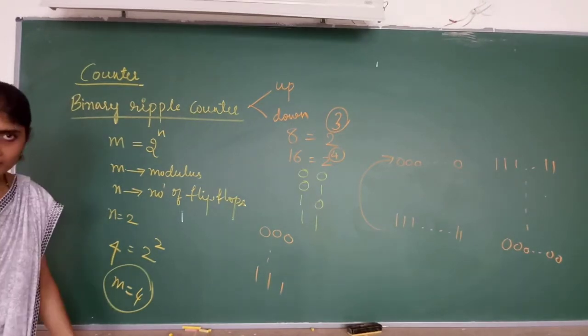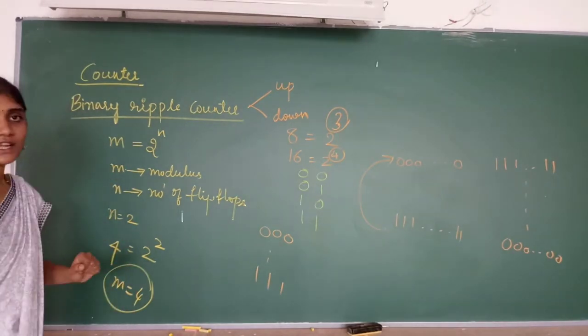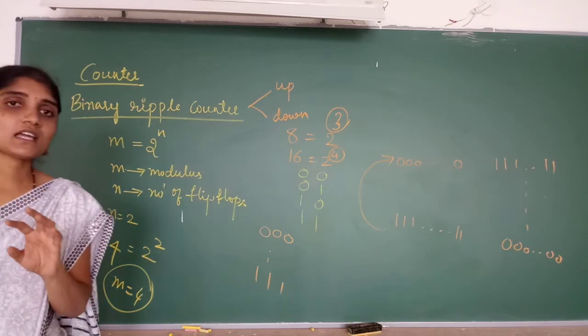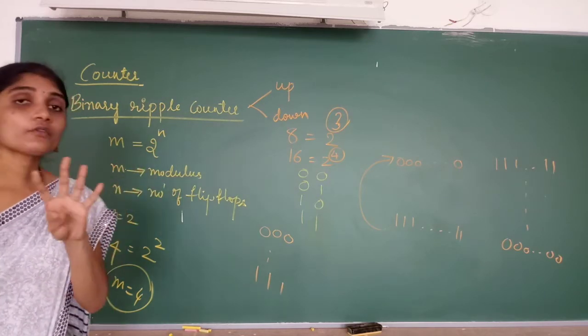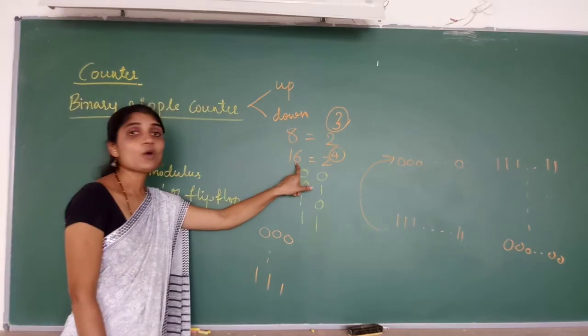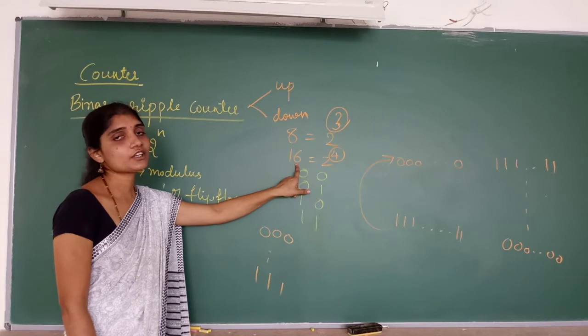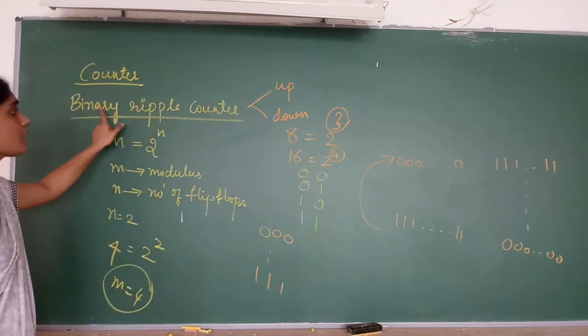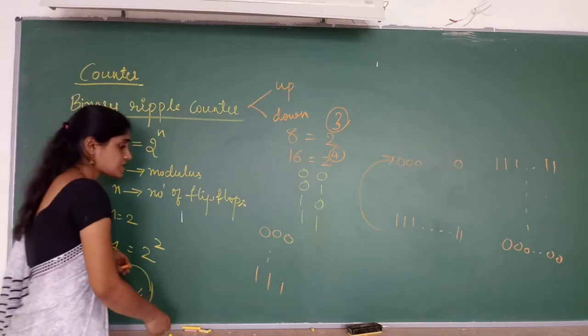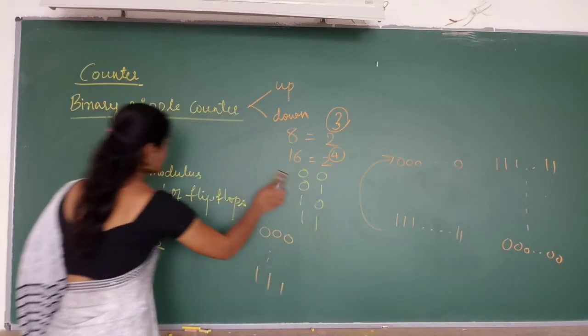In module 3, the first counter we have is the binary ripple counter. Here we will be using 4 flip-flops, a mod 16 counter. We are going to design a mod 16 binary ripple counter. A ripple counter is nothing but an asynchronous counter.